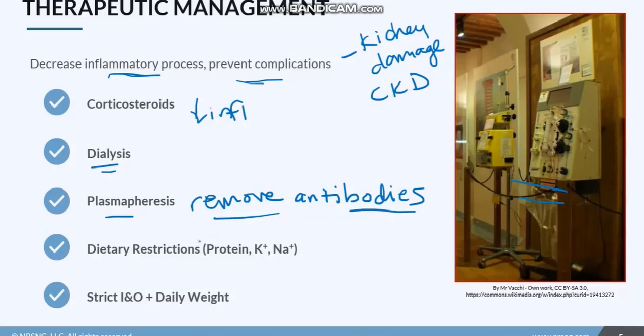We're also going to put some restrictions on their diet, including protein, potassium, sodium, and also they'll be on a fluid restriction. We know that kidney failure comes with hyperkalemia, so we make sure we restrict that potassium intake. Now, I want to make something clear.